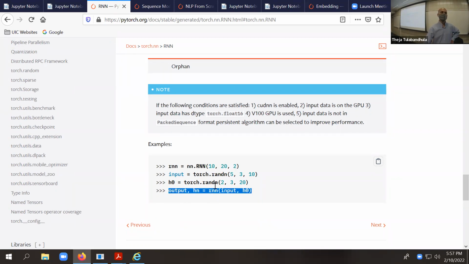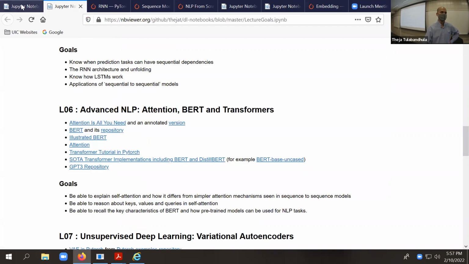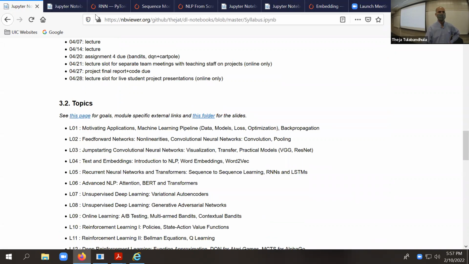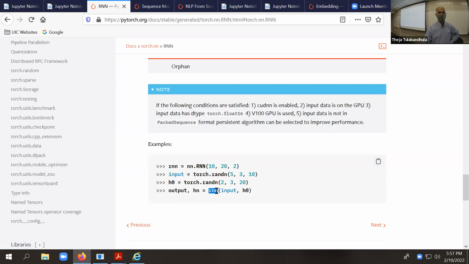You do it for many examples, and then you compute the loss. When you backprop, all the parameters of the RNN block will get updated. The backprop part is the same as before. Whatever we were doing before, loss.backward and optimizer.step, is exactly the same. Yeah, and so you will get trained.